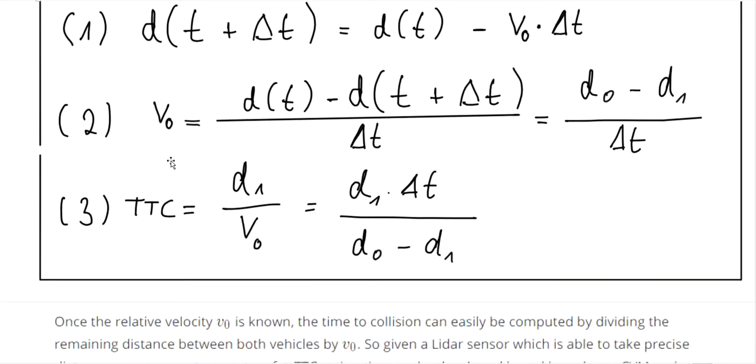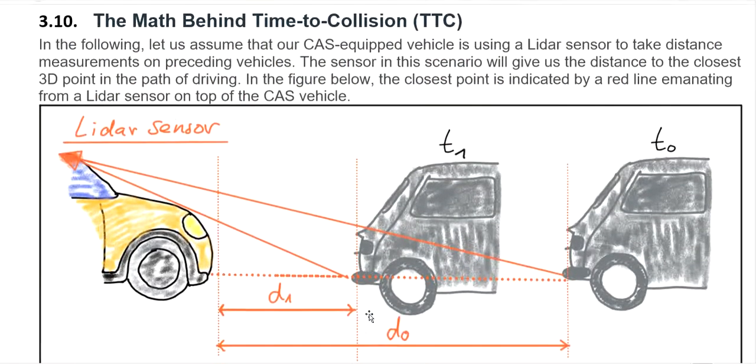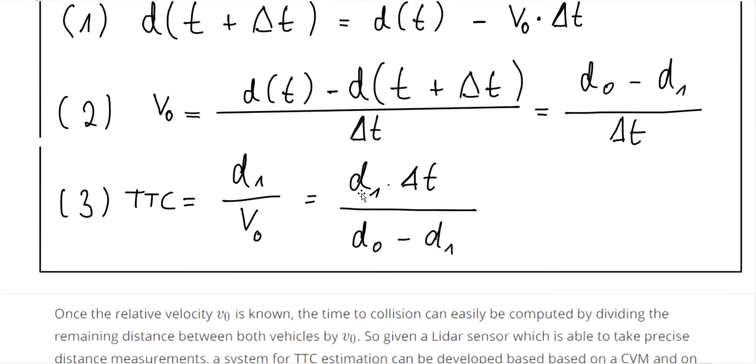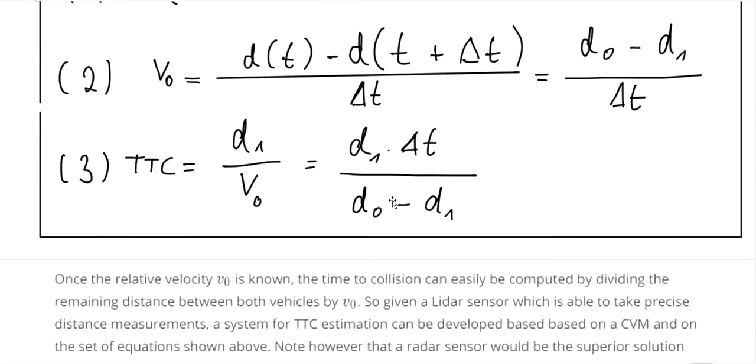So what is the time to collision? The time to collision from here to here at d1 is d1 divided by v0. We already have the v0 right here, you plug it into the formula and you have the time to collision. If we know the d0 and d1 from the LiDAR sensor, we can calculate time to collision.